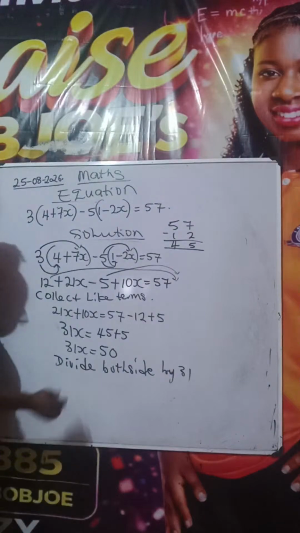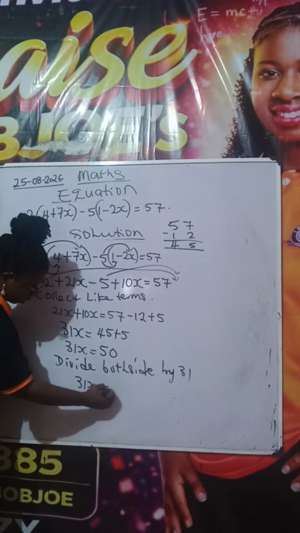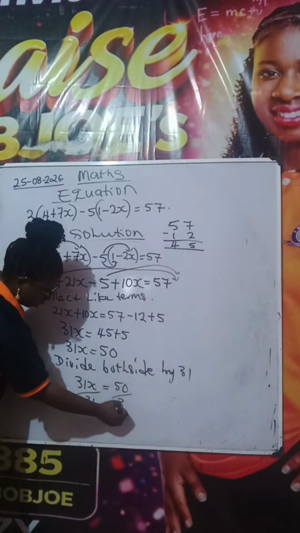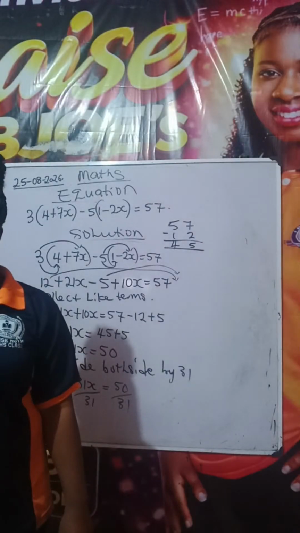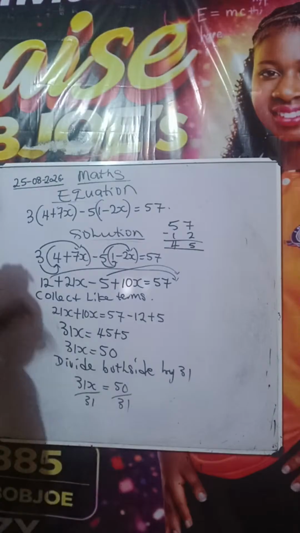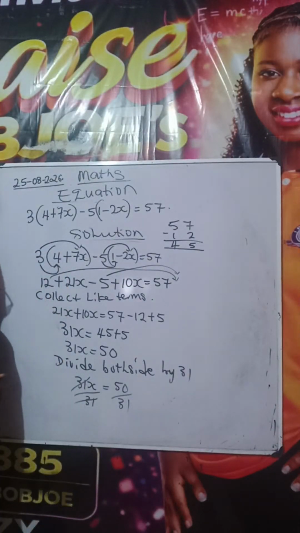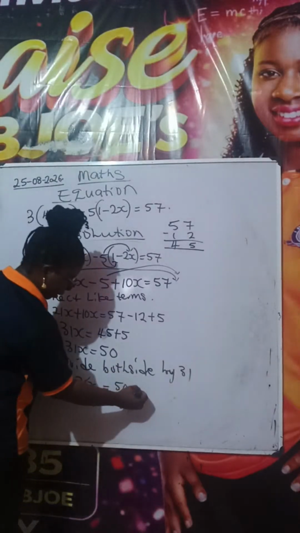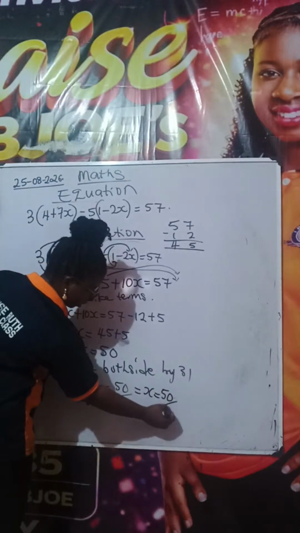And that will be 31x over 31 equals to 50 over 31. Do you get it? Do you understand? This removes, and we have x equals to 50 over 31.